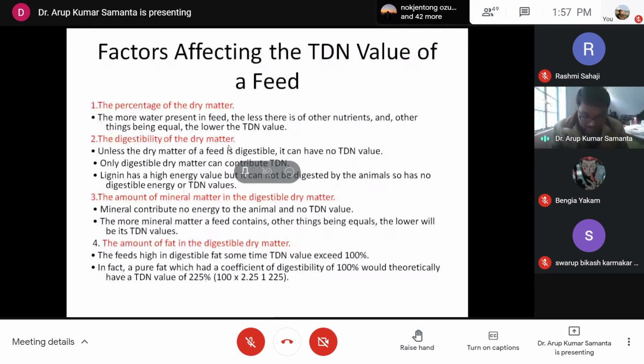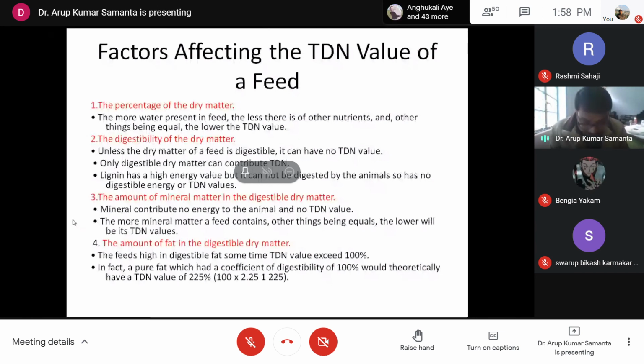Third factor is the amount of mineral matter in the digestible dry matter. Generally, mineral and vitamin are not going to provide any energy, and that's why it is not generally considered for the TDN calculation. So if the mineral content is very high, there will be low TDN value.